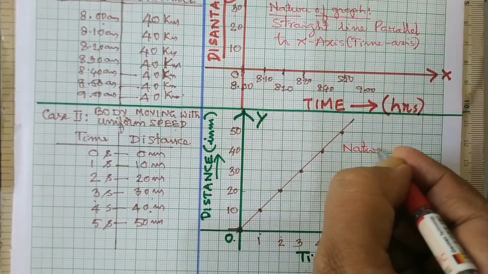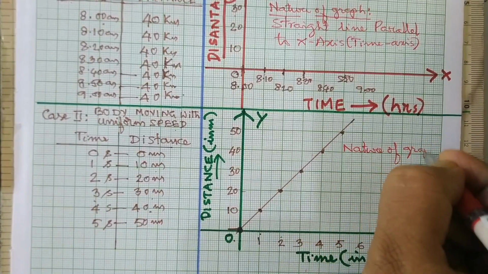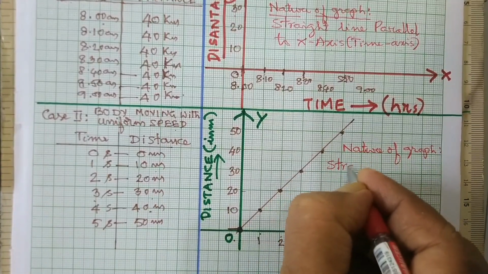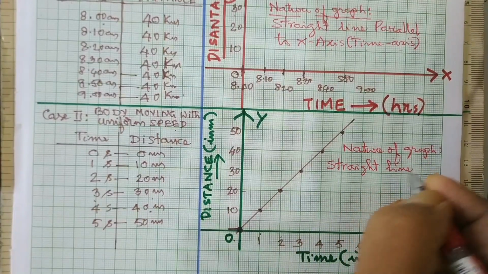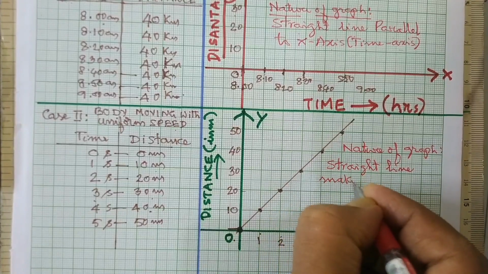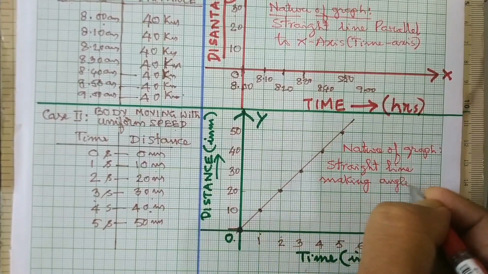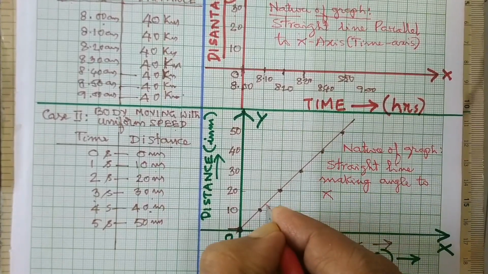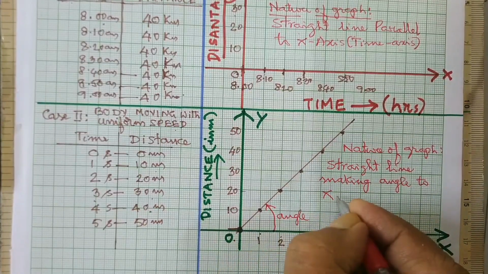So I say that the nature of the graph line is simply a straight line making an angle to the x-axis. See, some angle it is making like this here. This is some angle it makes with the x-axis.